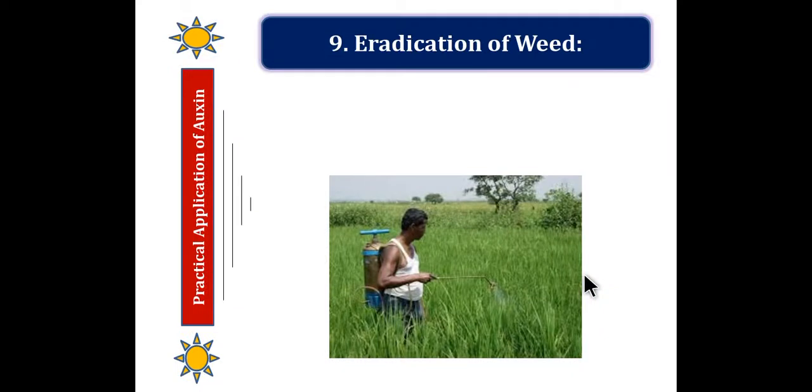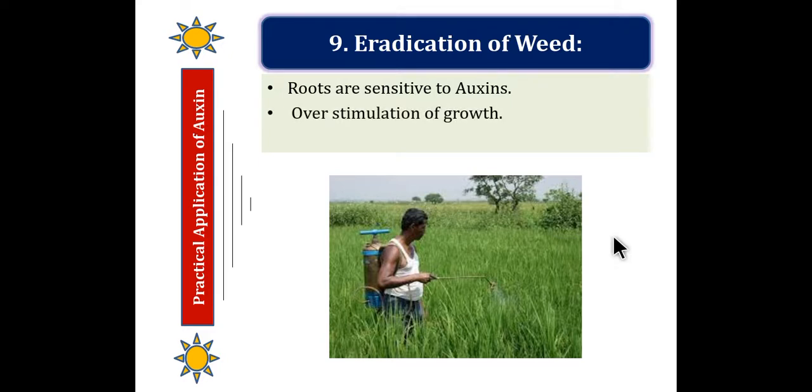The next application of auxin is eradication of weeds. The unwanted harmful plants which compete with the crop and reduce the crop yield are termed weeds. The roots of many weeds are sensitive to auxin.